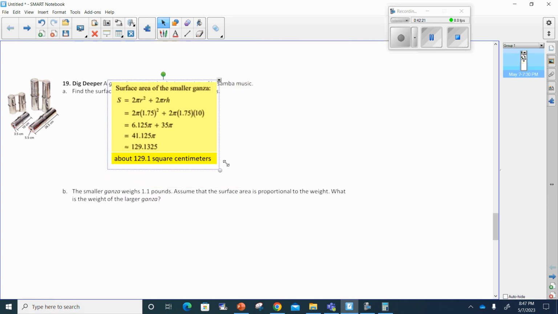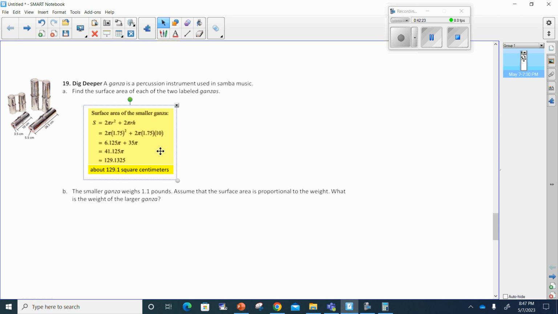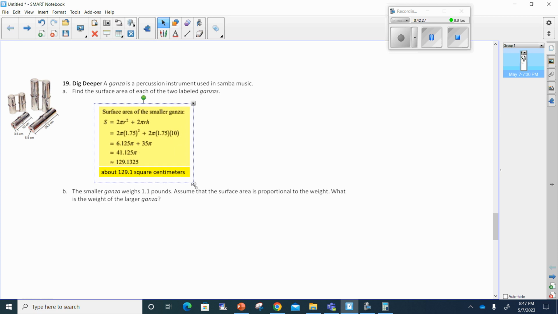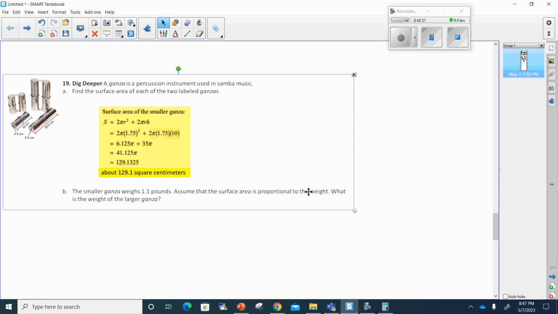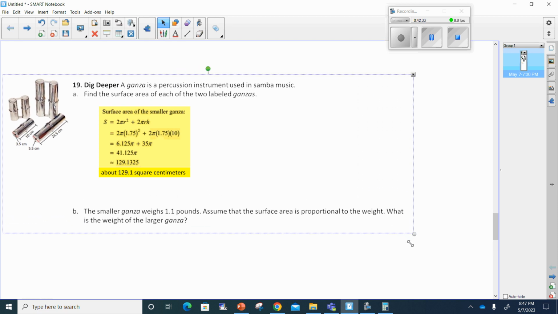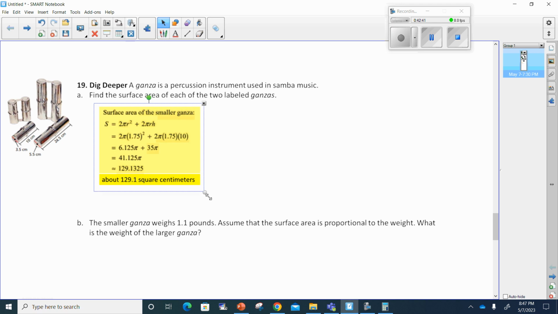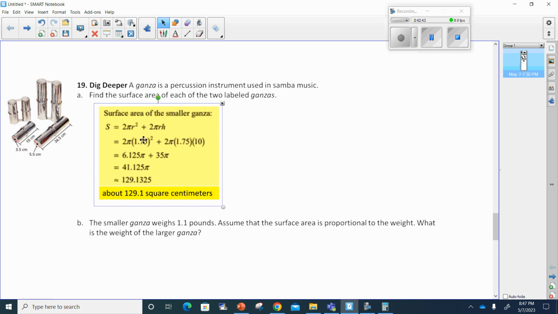So the first ganza that we do, I'm just going to bring this one image up so we can see it better. Yes, it looks to me like they've given the diameter here is 3.5. So half of 3.5 is 1.75.